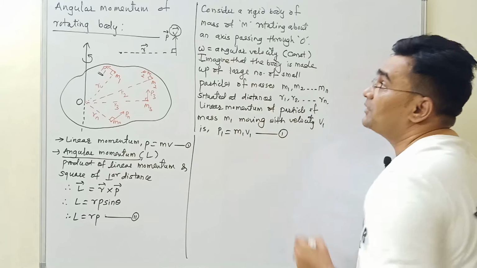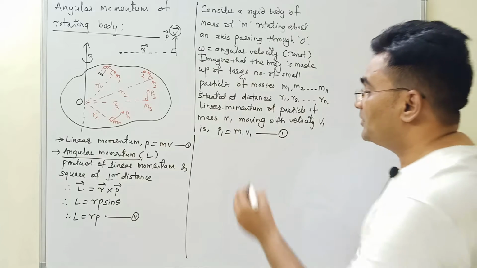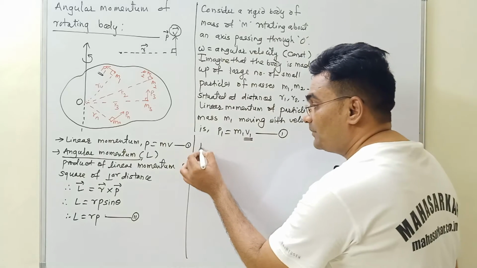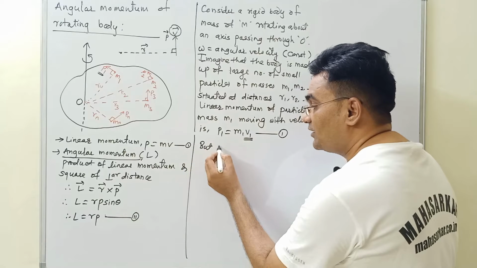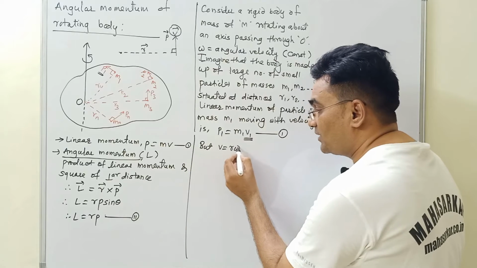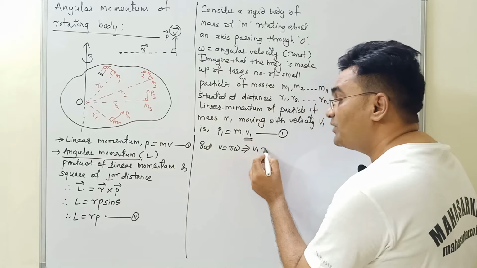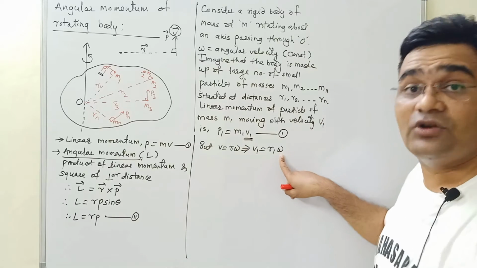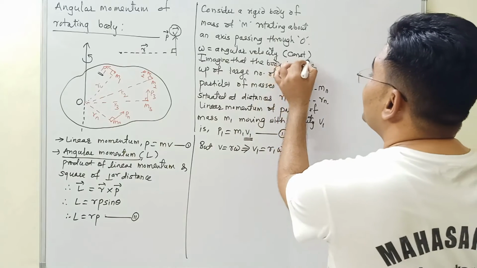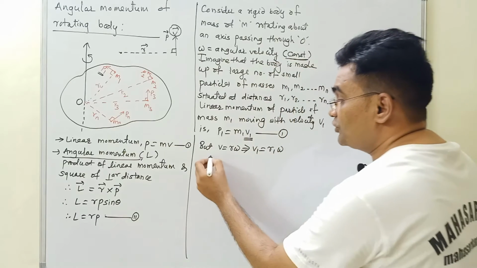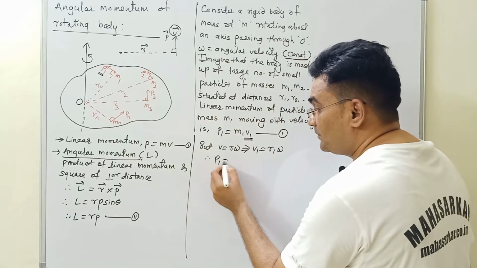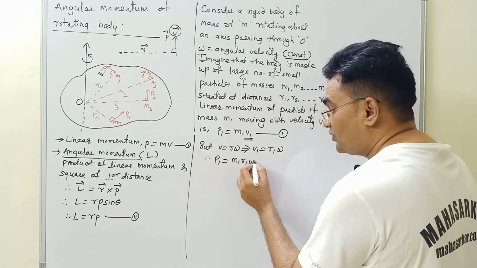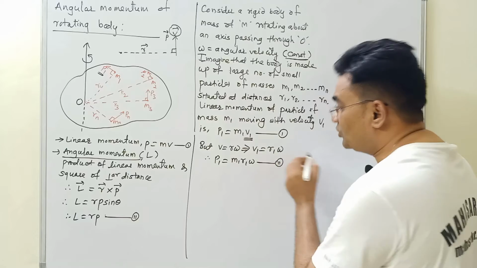Say this is equation number 1 for this article. But what is velocity in terms of rotational motion? We remember that v equal to r omega, which implies v1 is equal to r1 into omega. I have not written omega 1 because omega is constant. So linear momentum p1 is equal to m1 r1 omega. Say this is equation number 2.